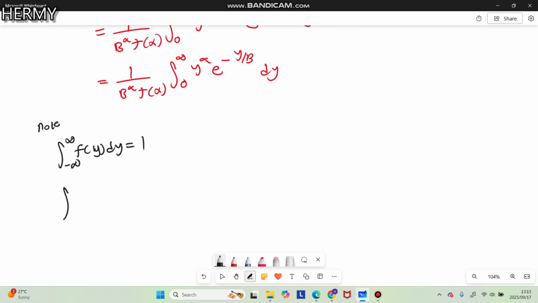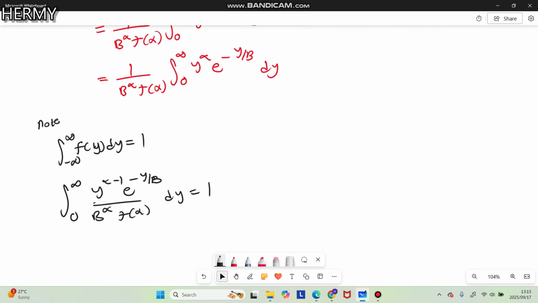So when you integrate from 0 to infinity of y to the power alpha minus 1, e to the power negative y over beta, over beta to the alpha, gamma of alpha, dy, you'll get 1.